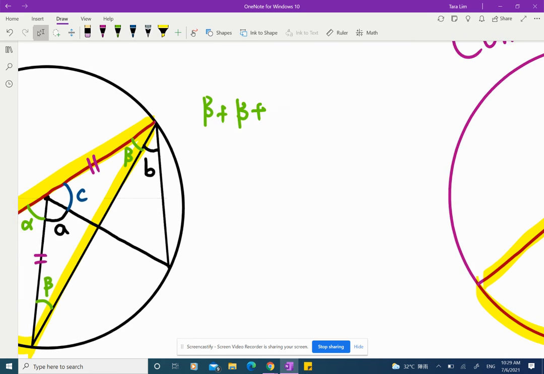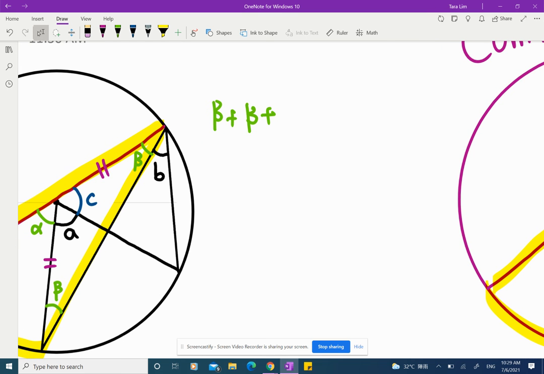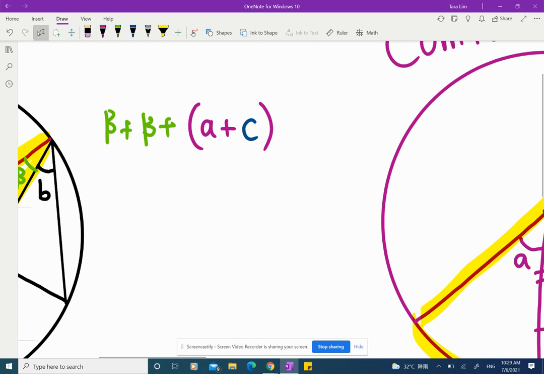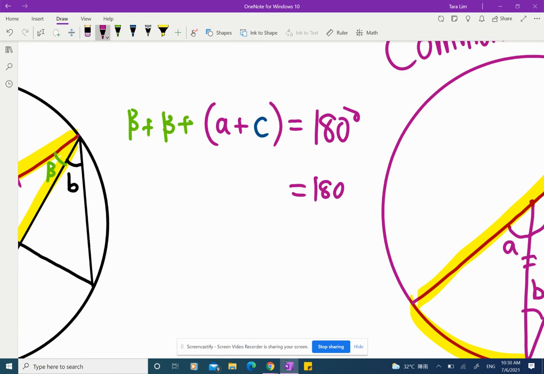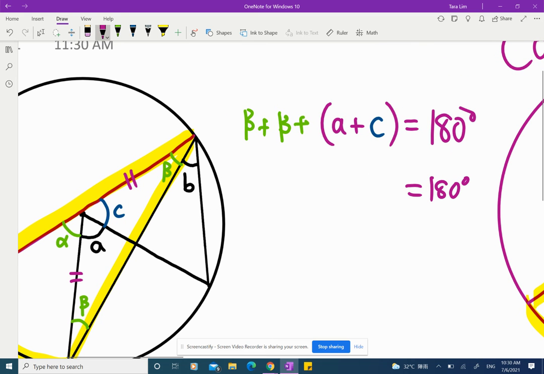And then beta plus beta plus A plus C, let me just do it in brackets, A plus C. So beta plus beta plus A plus C is going to give us 180. And on a straight line adds up to 180, we know that. So that means alpha plus A plus C is 180 because they're on a straight line.